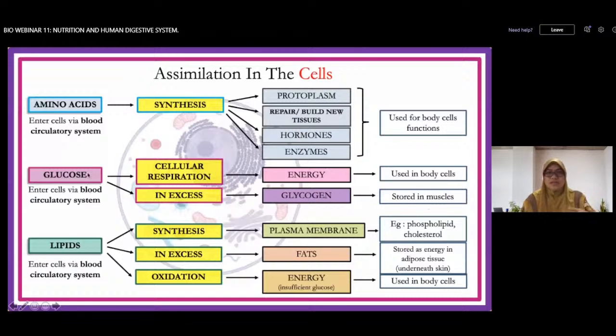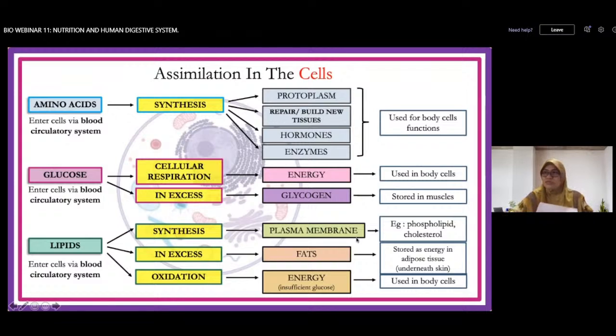Okay, tapi dekat sel ada satu lagi bahan iaitu grup-grup lipid lah, okay, glycerol, fatty acid, vitamin A, D, E, K. Kat sini lipid tadi akan disintesis, okay, synthesis paling penting kamu eja betul, into plasma membrane.